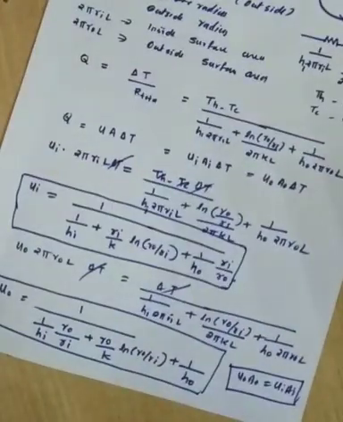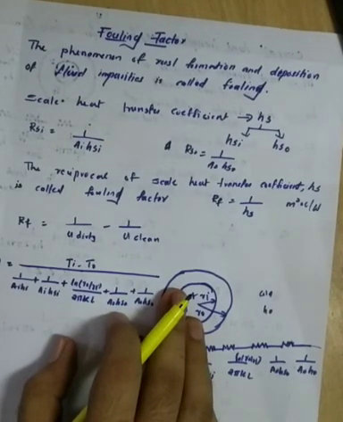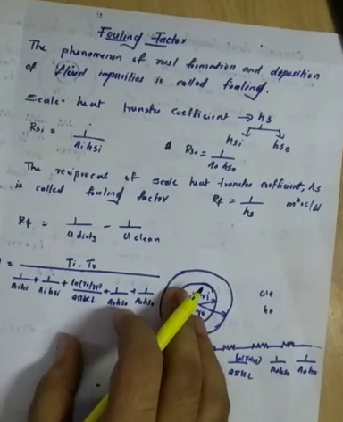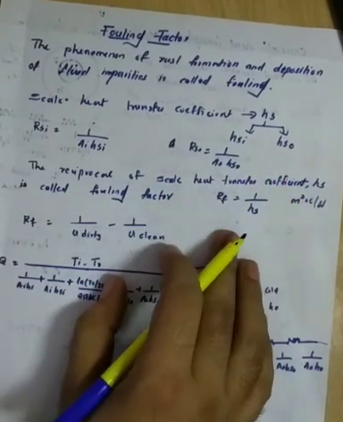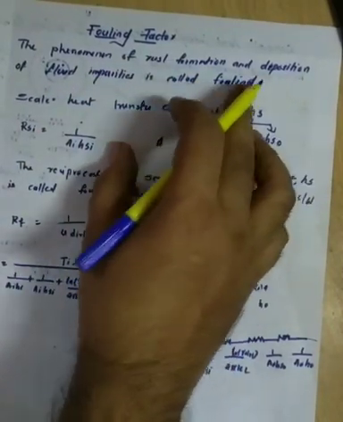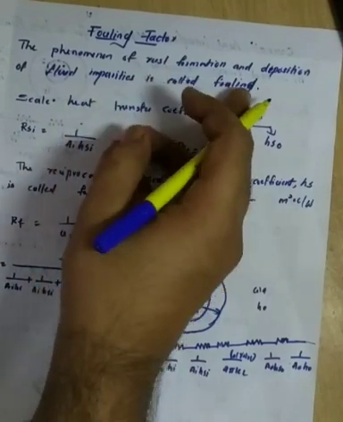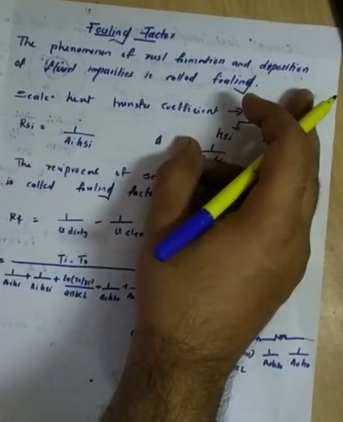Okay. Next topic is fouling factor. In a heat exchanger, during normal operation, the tube surface gets covered by deposits of ash, soot, dirt and scale, etc. The phenomenon of rust formation and deposit of fluid impurities in a heat exchanger is called fouling, also known as scaling.